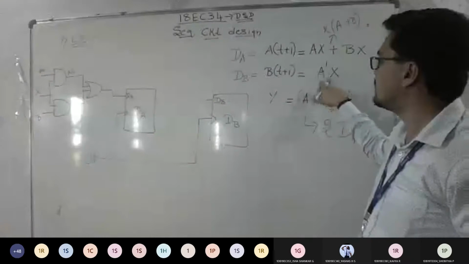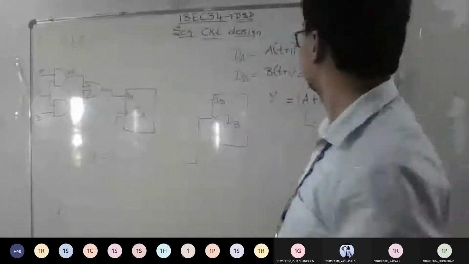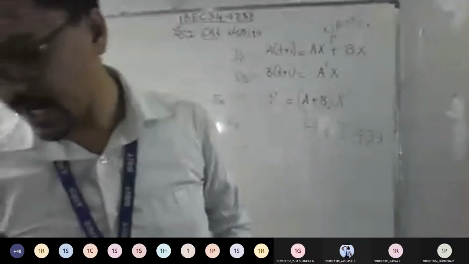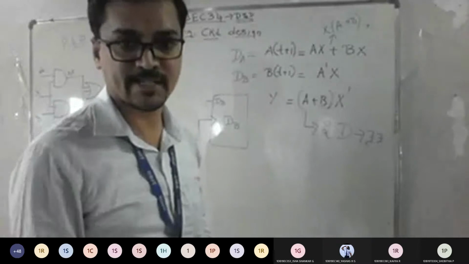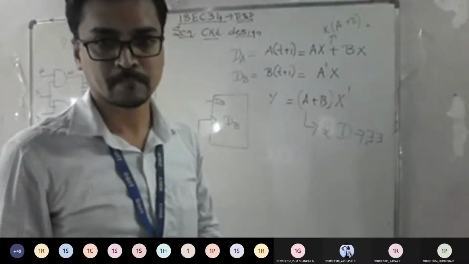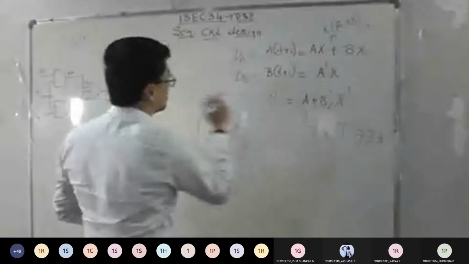So look at the DB. So DB tells A bar X. So what is the meaning of A bar X? Is it A dash? A not, just a minute, X. Yeah, A dash X. So what is the thing I should get? A dash. How to get A dash now? Complement. NOT gate. You need to give a NOT gate. See, we know that two inputs are there.